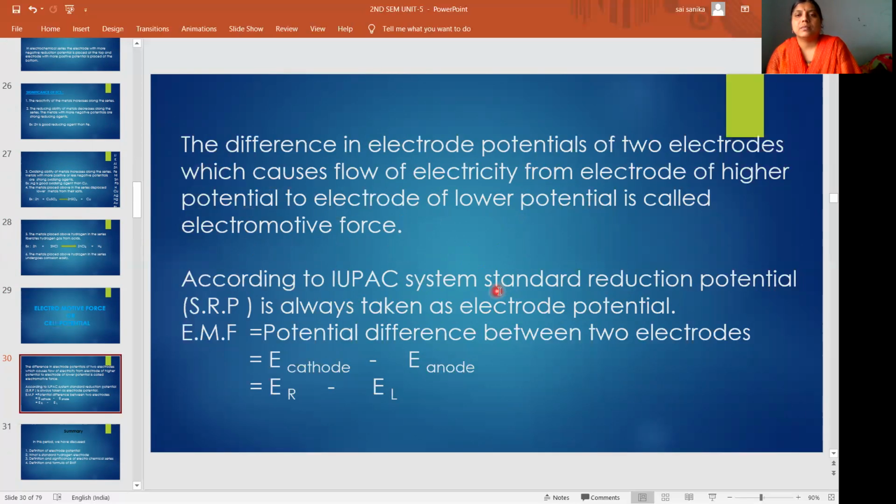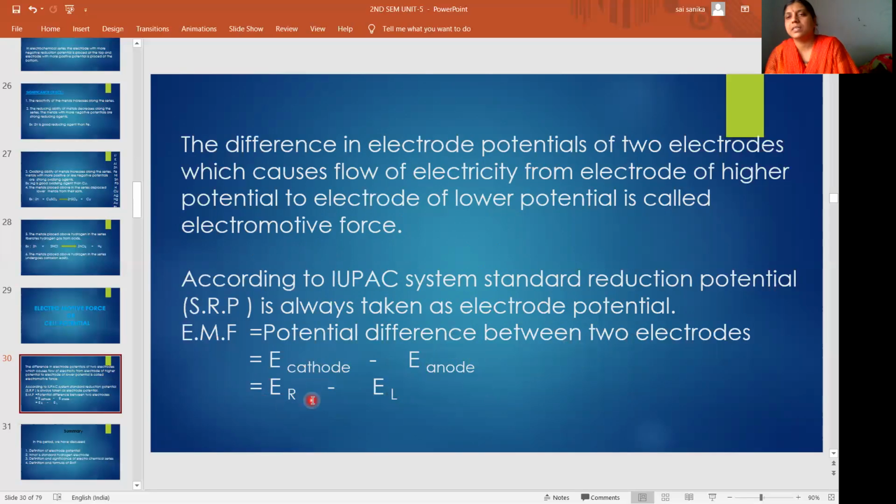According to the IUPAC system, standard reduction potentials are considered as electrode potentials. That means while calculating the EMF of a cell, we consider SRP values as the electrode potential. EMF of a cell is calculated from the potential difference between two electrodes: E cathode minus E anode, or E right minus E left.